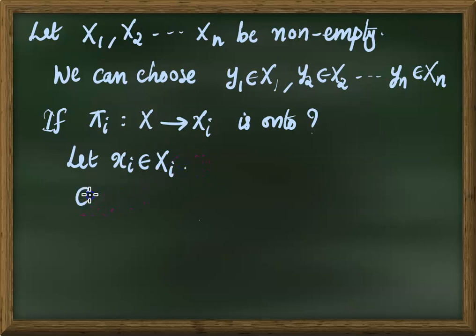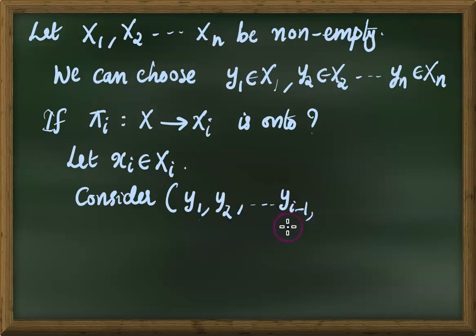Now I can consider an n-tuple of the form y1, y2, etc. yi minus 1. That means the i minus first coordinate of my n-tuple is the fixed point yi minus 1, and I take the ith coordinate to be this point xi. The i plus first coordinate is taken as yi plus 1 and so on. The nth coordinate is yn.